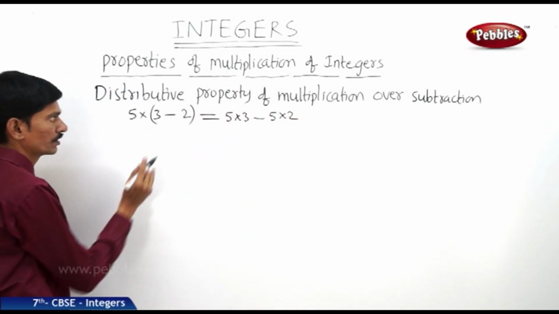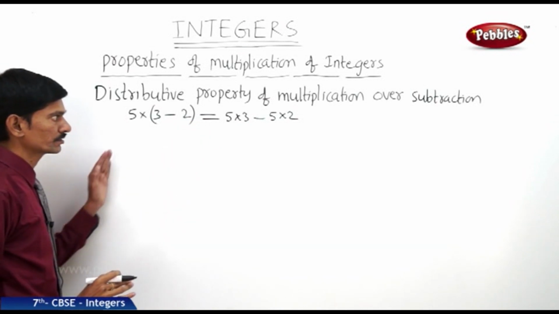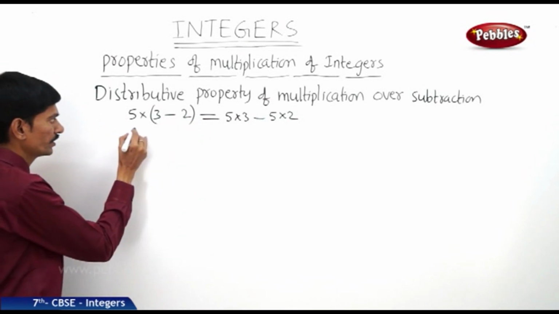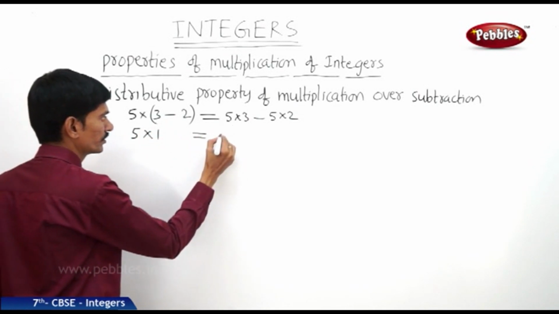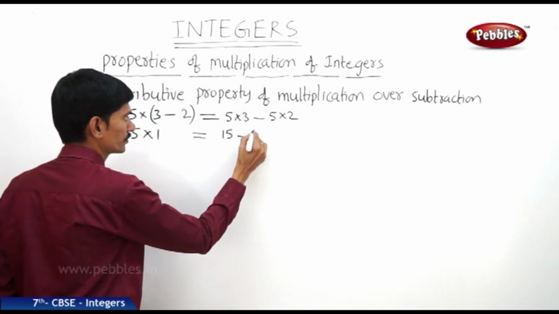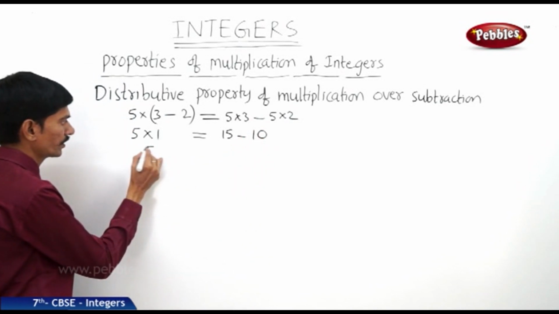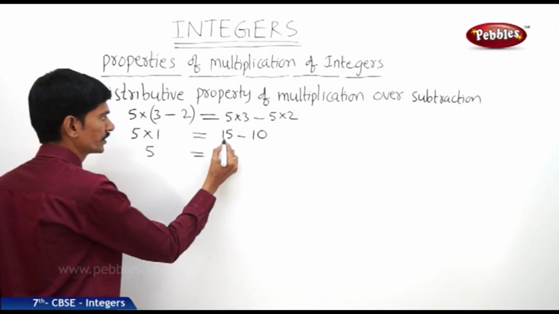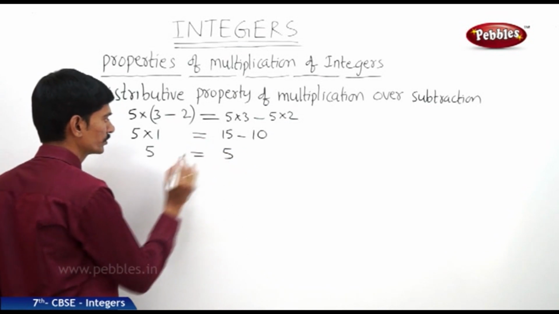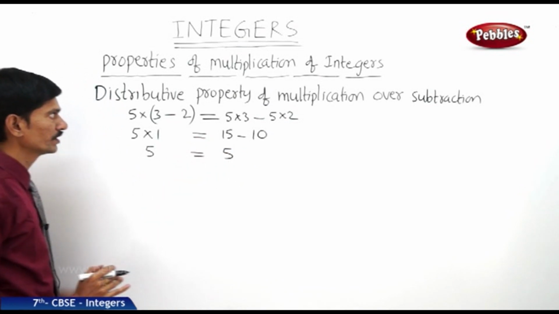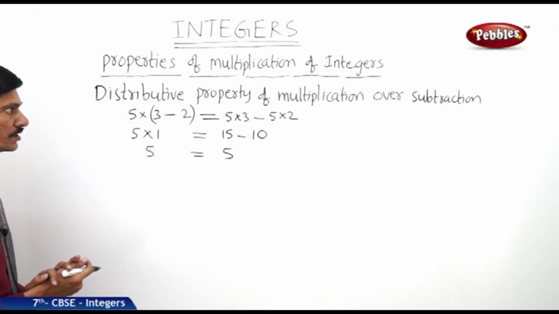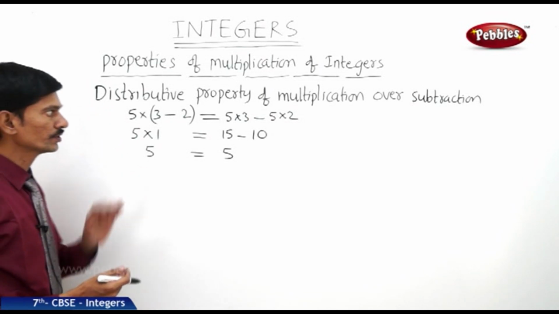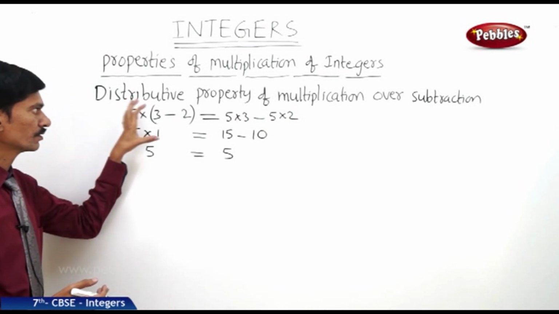Now let us check whether both LHS and RHS are equal or not. Now 5 into (3 minus 2) is 5 into 1, so 5 1s are 5. The RHS equals 5 3s are 15 minus 5 2s are 10, so 15 minus 10 is 5. So here both LHS and RHS are equal. Means the distributive property of multiplication over subtraction is true in case of whole numbers.